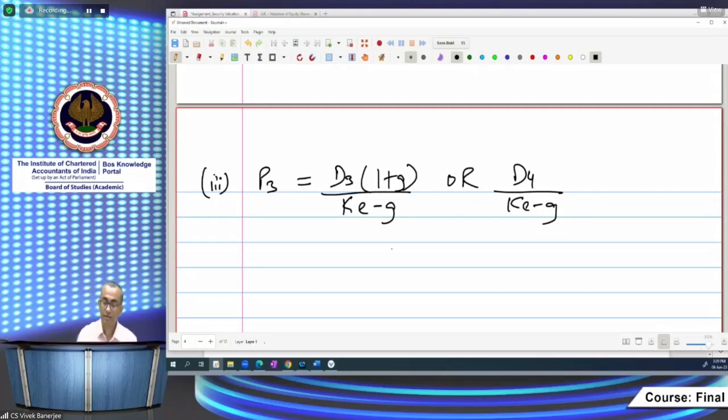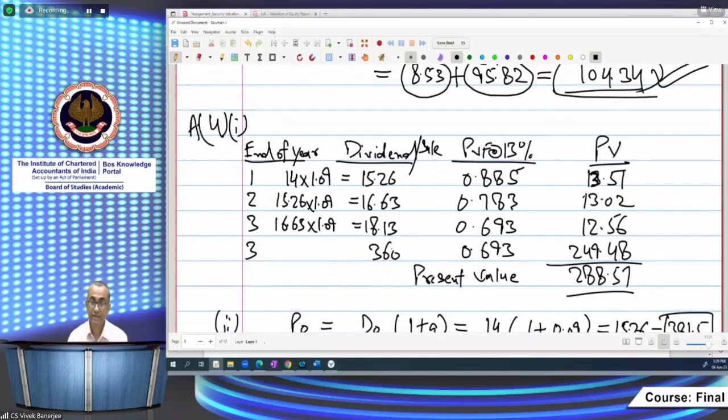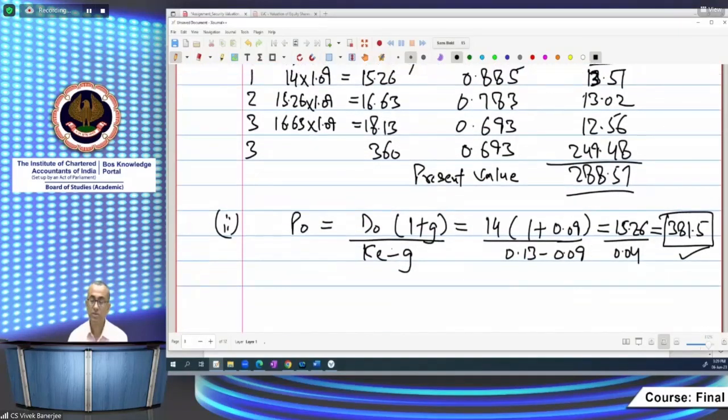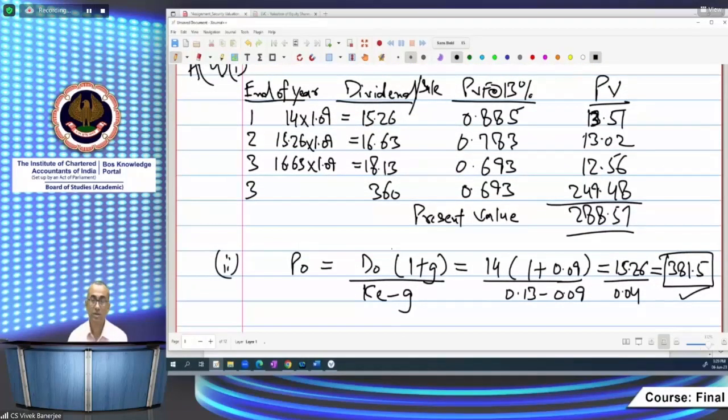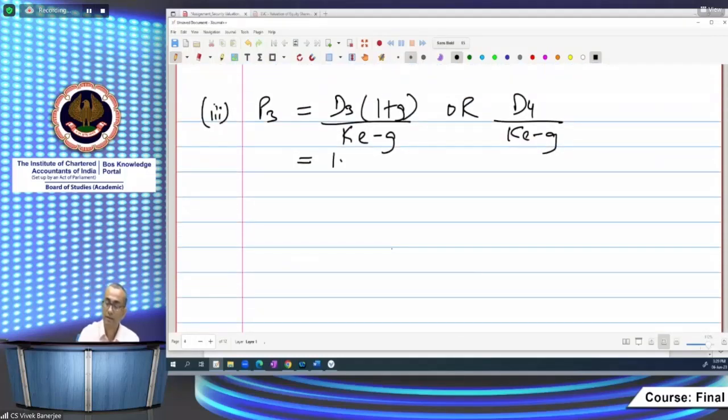Now D3 you have already calculated. That is the dividend at the end of the third year. It is 18.13. Multiplied by the growth rate, which is 0.09, because it is given in the question that all other things will be constant. Assume that they are same.